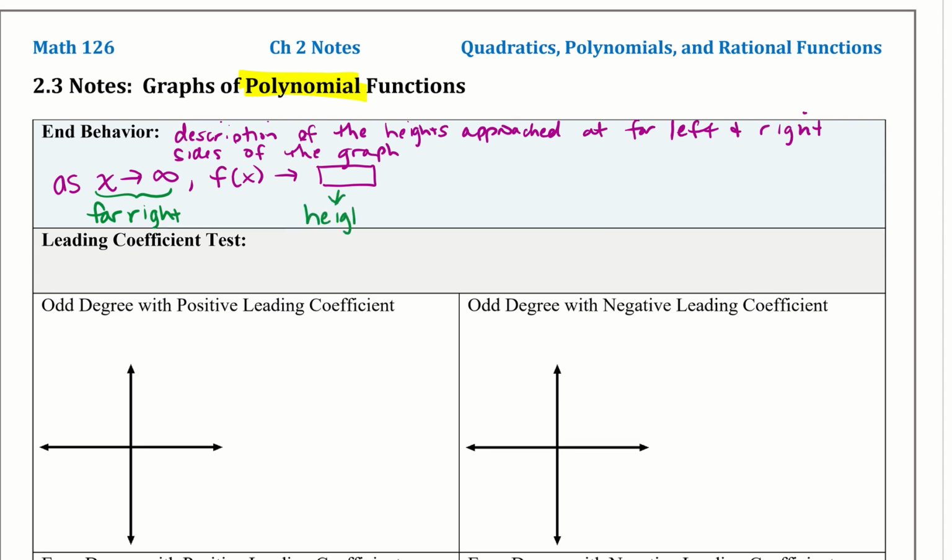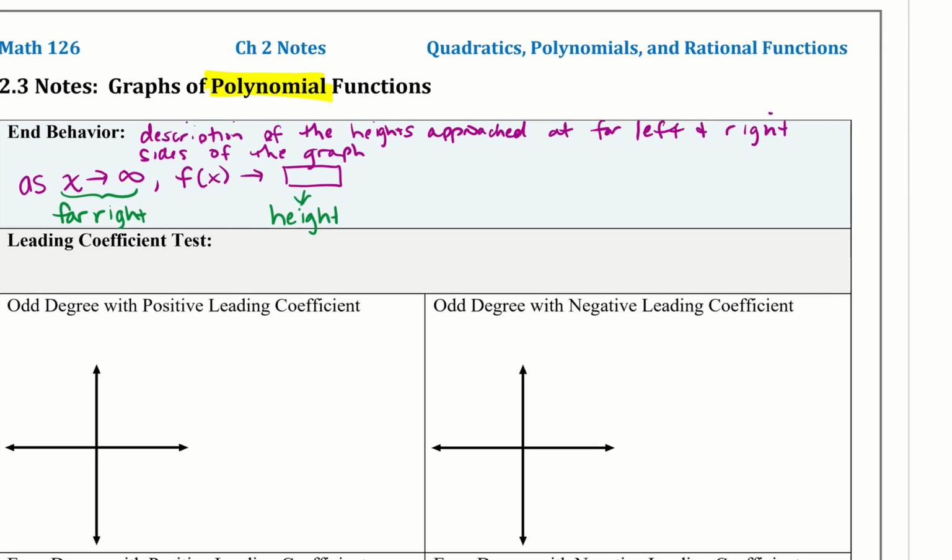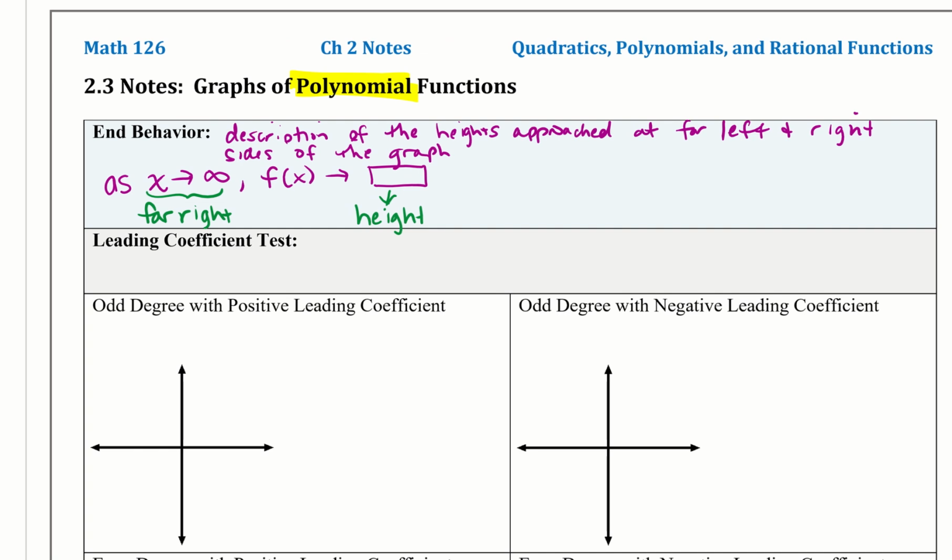Sometimes it will approach a specific numerical height, and sometimes the function will grow without bound and go up forever or down forever on that end. That's how we describe what's happening on the right-hand side.